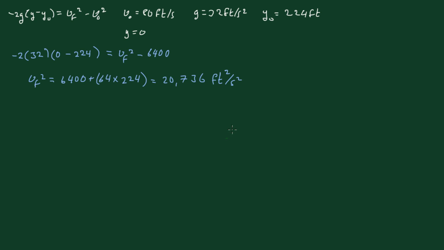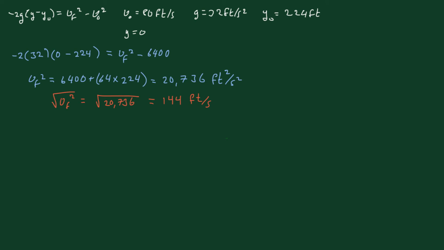So we can solve for v sub f now. We have the square root of v sub f squared equal to the square root of 20,736, and that's going to be equal to 144 feet per second.